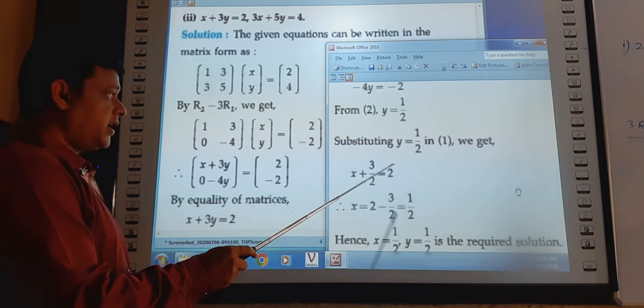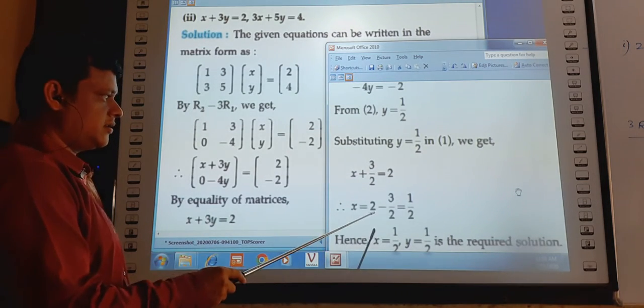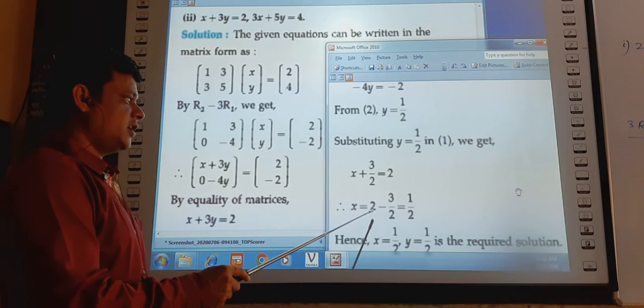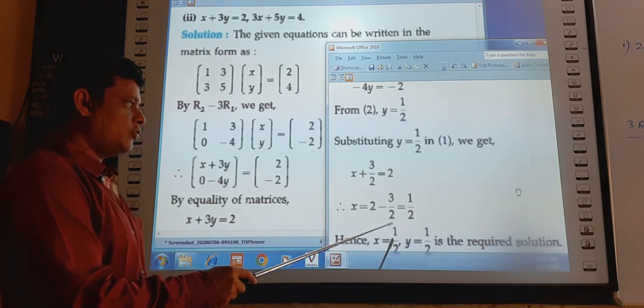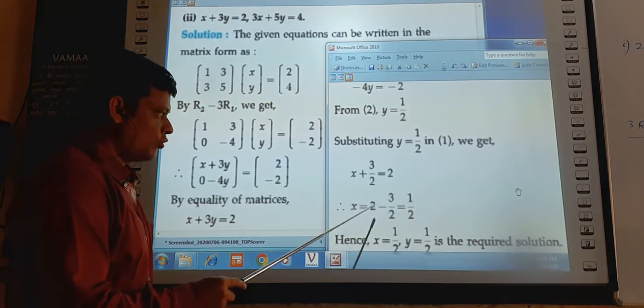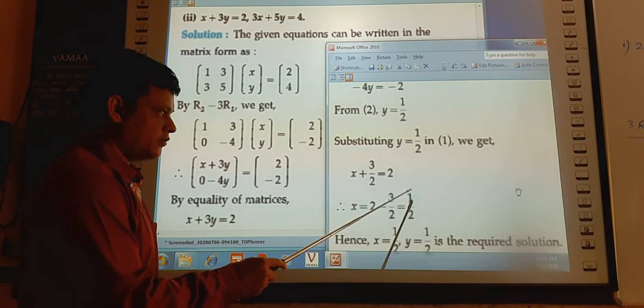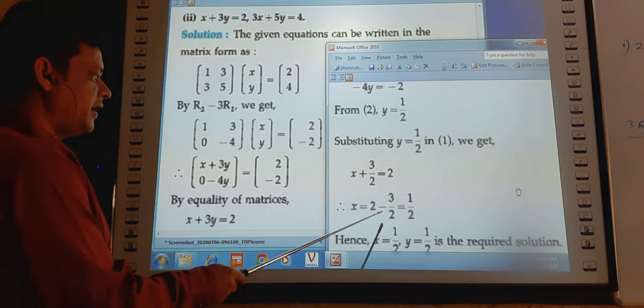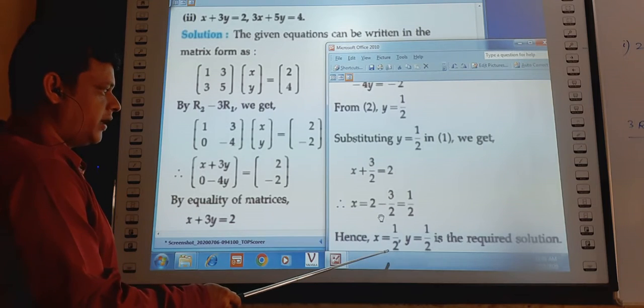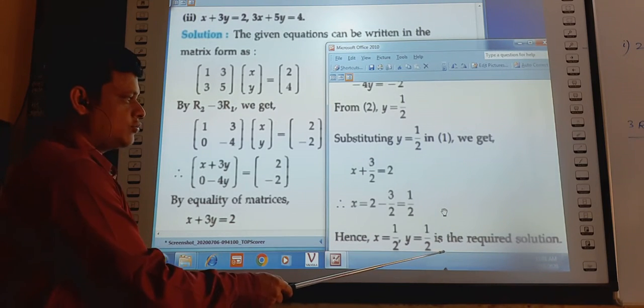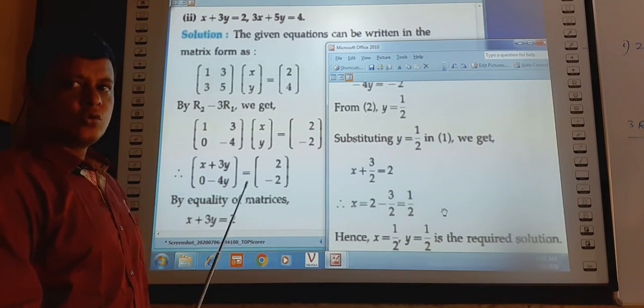After transferring 3 by 2 to the RHS, x equals 2 minus 3 by 2. After cross multiplying, 2 into 2 is 4, 4 minus 3 is 1, so we write 1 by 2. Hence x equals 1 by 2, y equals 1 by 2 is the required solution.